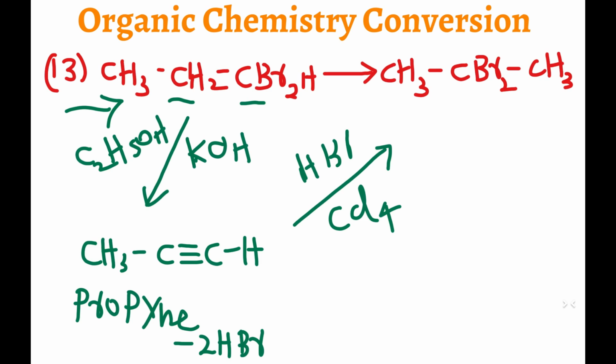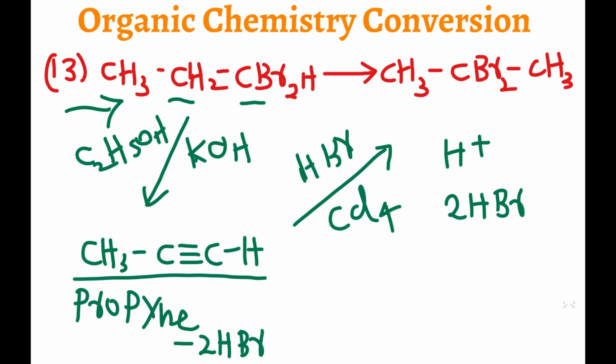CCl4 means carbon tetrachloride. This second step becomes an electrophilic addition reaction, and the electrophile is hydrogen plus. Also, two HBr molecules attach with this propyne. Hydrogen attacks the corner carbon and the Br attacks the middle carbon atom.